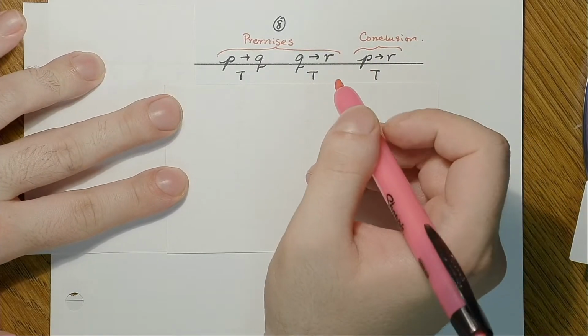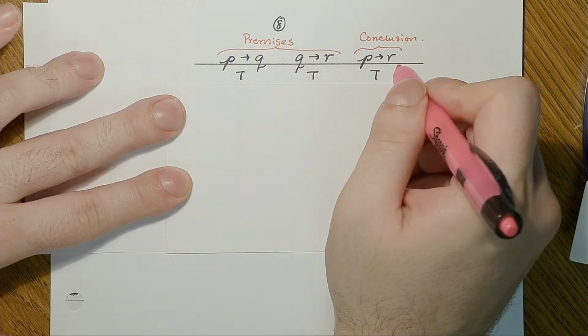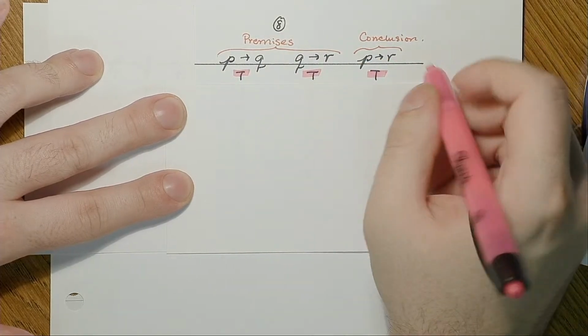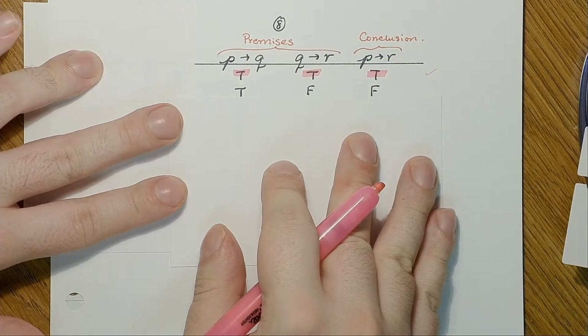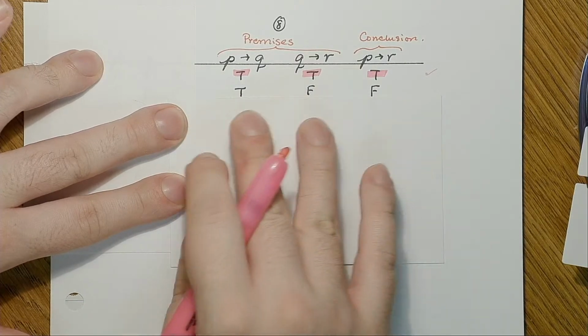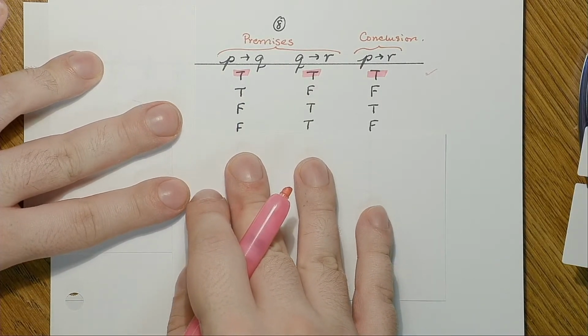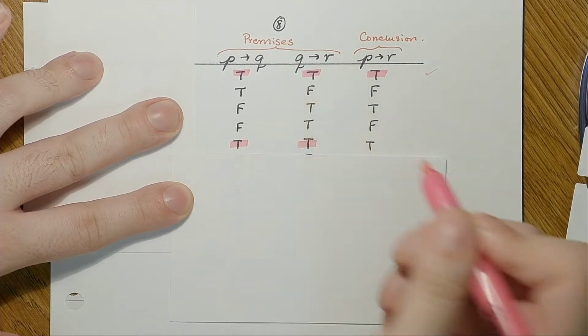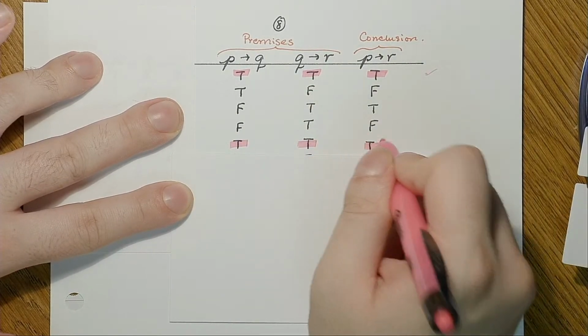So we're looking for when the premises are true, that the conclusion is also true. So this is good. I don't care about this. I'm looking for when I have true premises. So here's another case, and the conclusion is true.